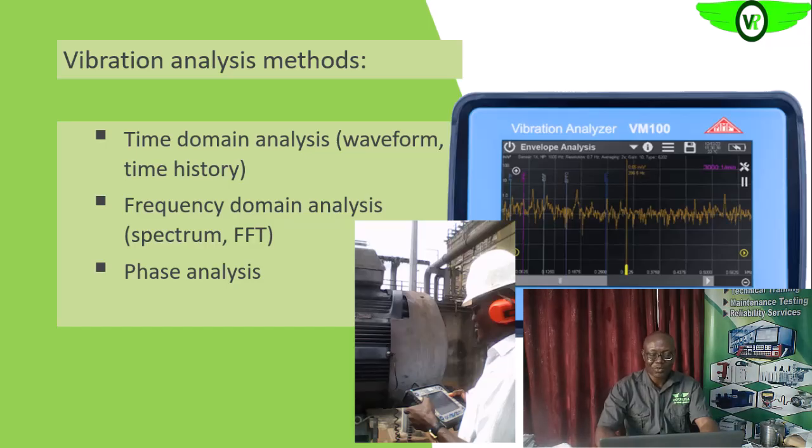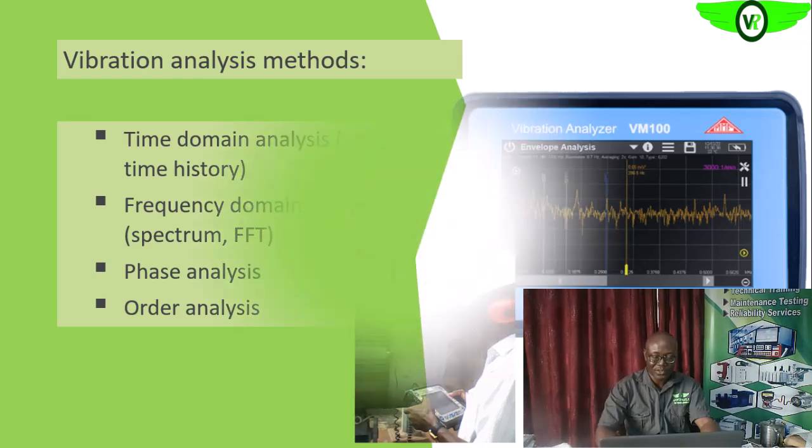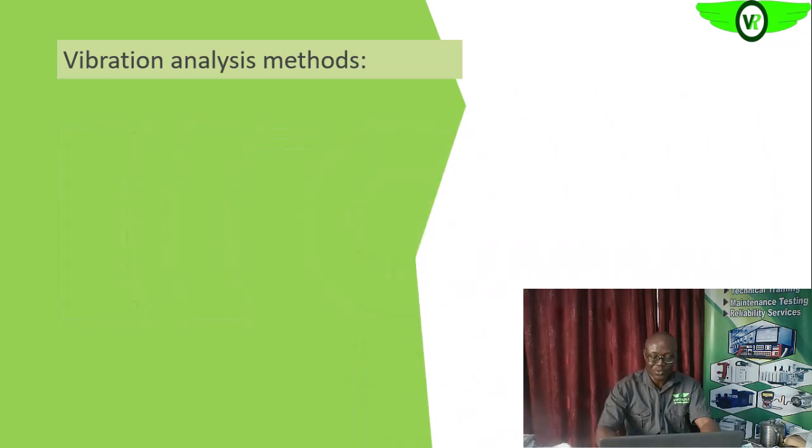Are we getting it? When we do phase analysis on one side of the coupling or across the coupling, that will also give us some information. We can do other analysis or orbit analysis. All of this will help us deduce what is actually wrong with our equipment.